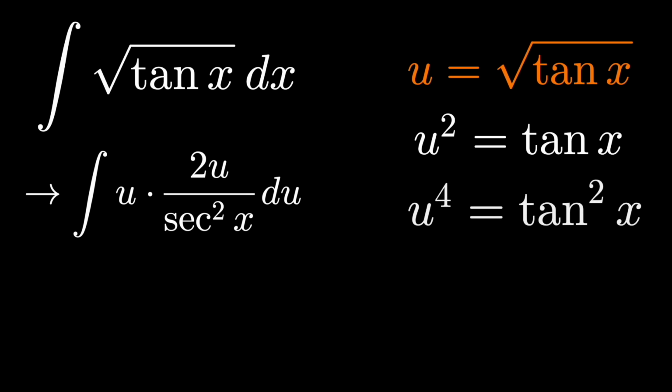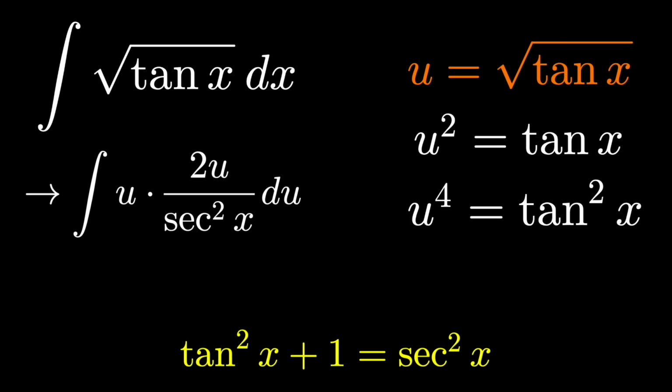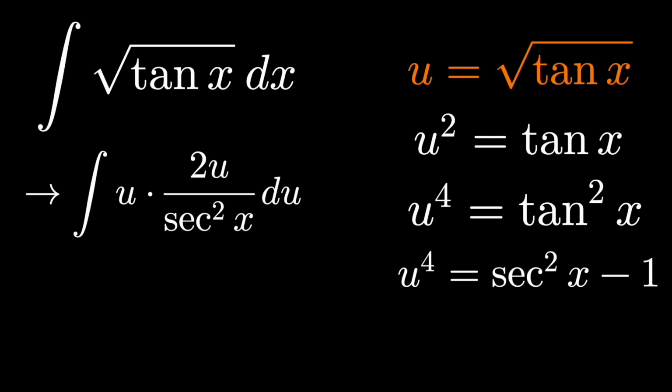If we square both sides of our substitution, that would mean u to the fourth is tan squared x, and via that nice trigonometric identity, tangent squared x is the same as secant squared x minus 1. That's pretty convenient because now we can solve for secant squared x by adding 1 to both sides. Secant squared in this case will be u to the fourth plus 1, and we can substitute this into our integral.